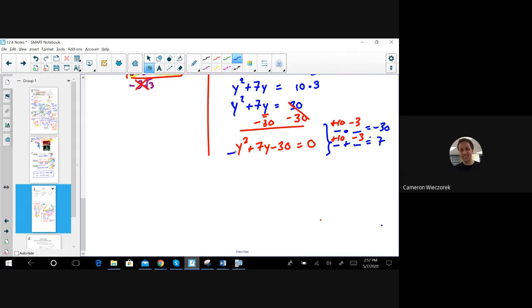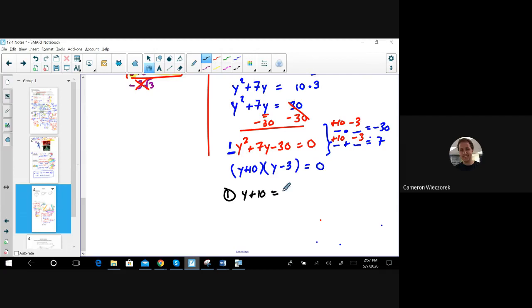Since my lead coefficient here is a 1, that means I can jump right to my parentheses sets. I don't have to group the problem. So this would be y plus 10. That was one of my magic numbers, and the other one was minus 3. y minus 3.